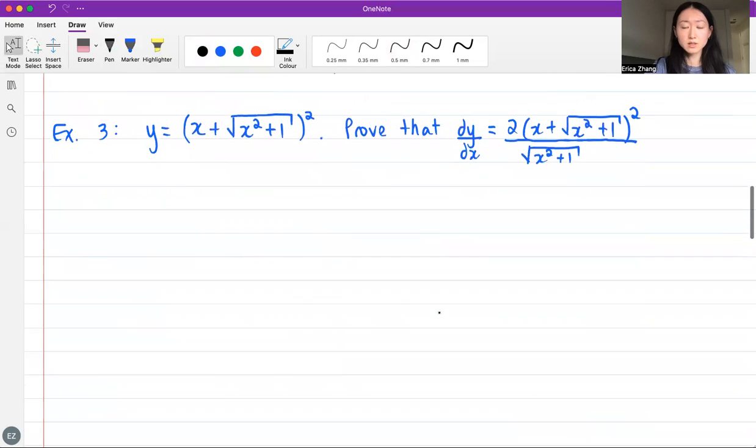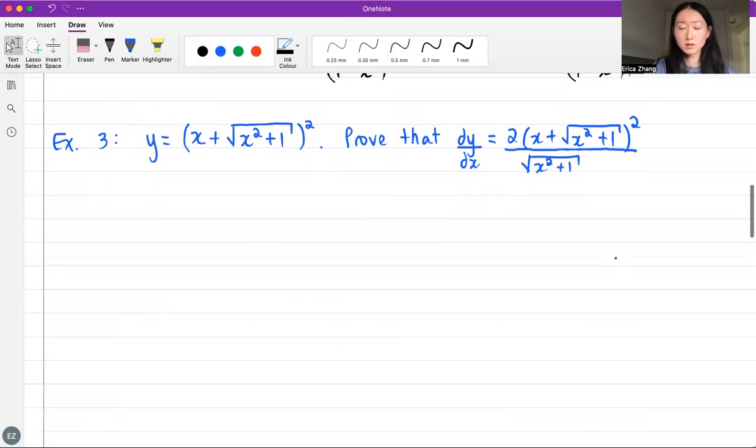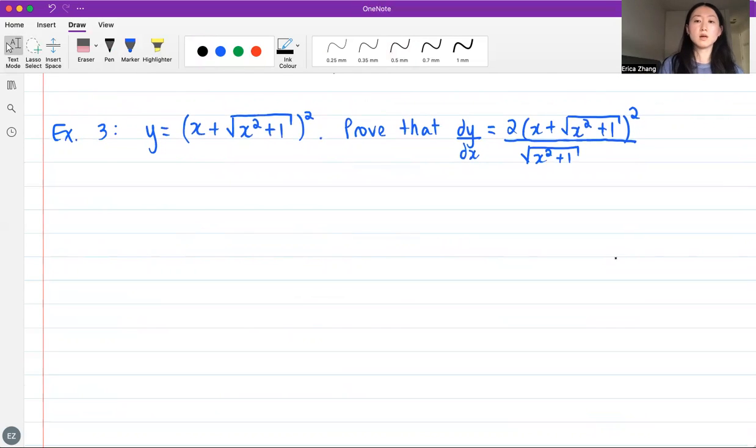Next example is a little bit more algebra, but the same principles apply. So let's go ahead and use our normal u variable, right? So y just becomes u squared.